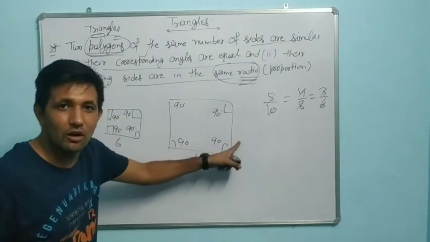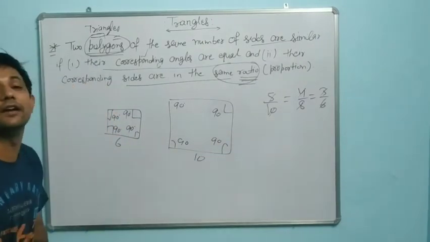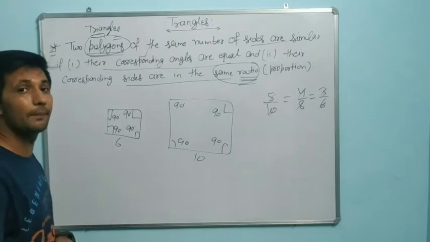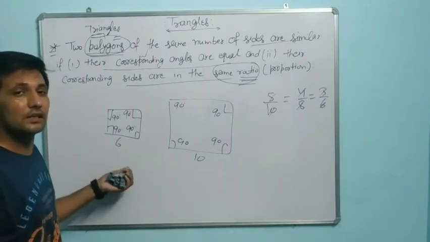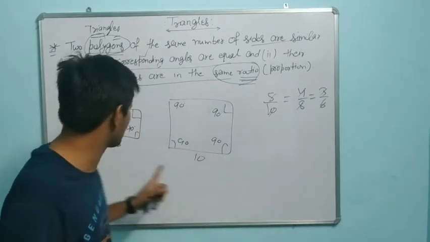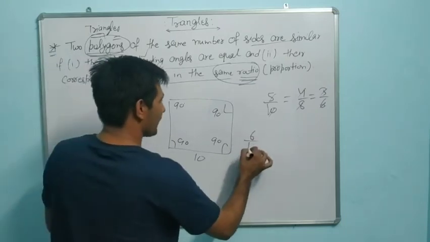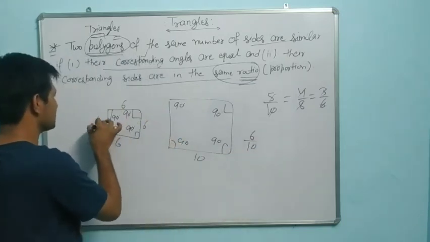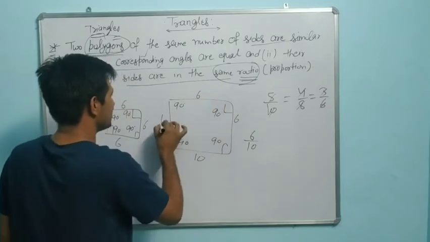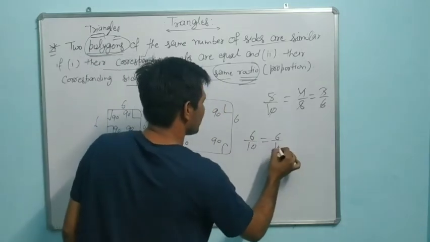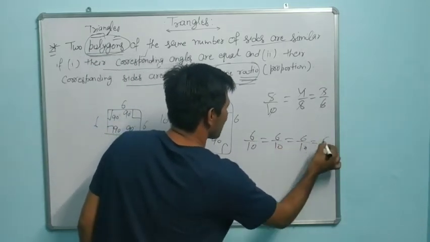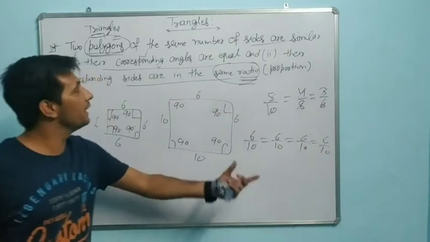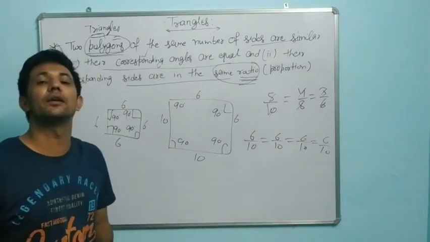All angles are equal, and the ratios of the sides must be proportional. Look at 6 upon 10, 6 upon 10, 6 upon 10. All ratios are equal. It means they are similar.